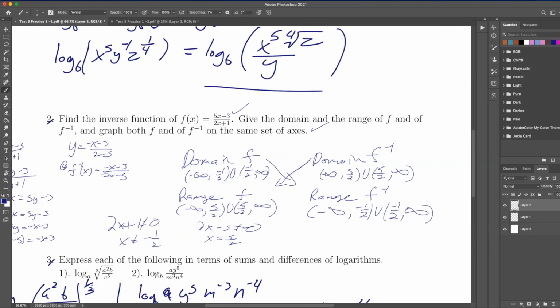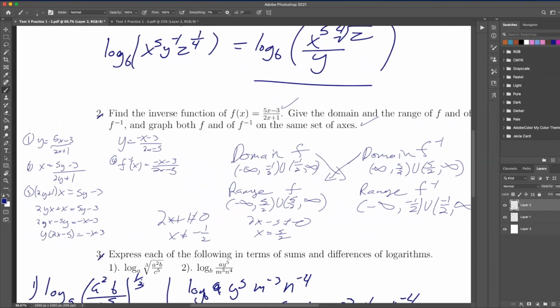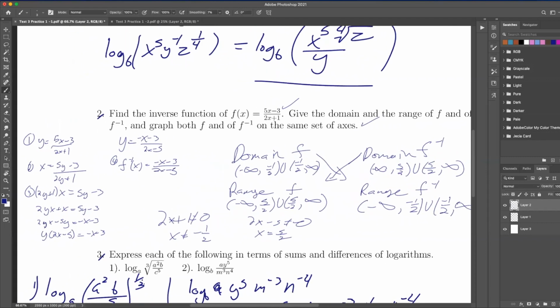Okay. So how do you do this problem? Once again, we'll run through the steps real quick. You write y equals, swap your x's and y's, and solve for y again. It follows basically the same steps. You multiply across, distribute your x, move your y over and move the x over, and then divide out.